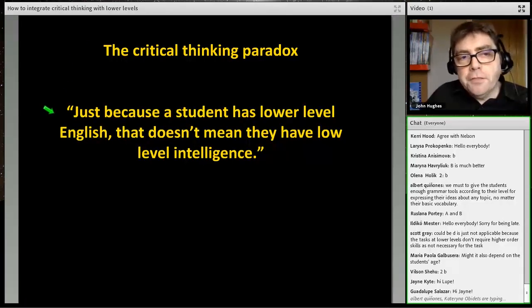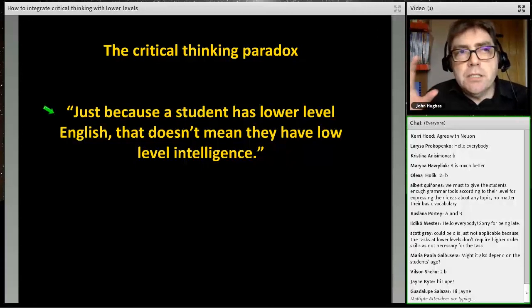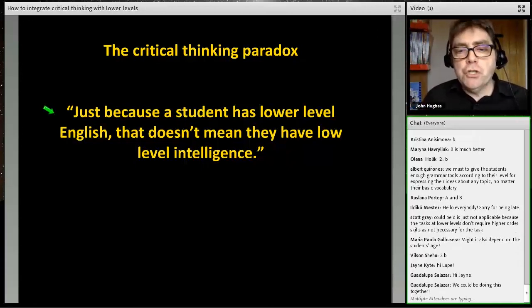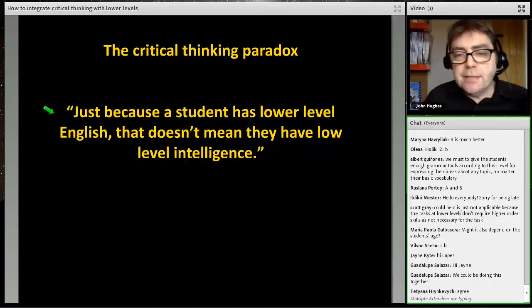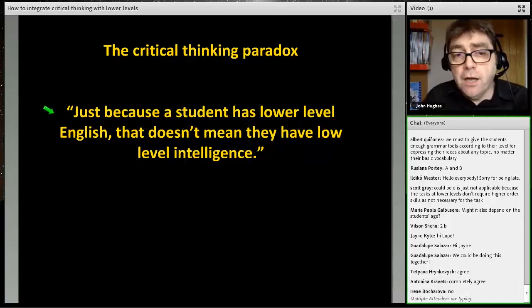However, I think that just because students have a lower level of English, that doesn't mean they have low level intelligence. So we need to teach low level language, but we also need to give them texts and exercises that challenge their intelligence as though they have higher level intelligence.